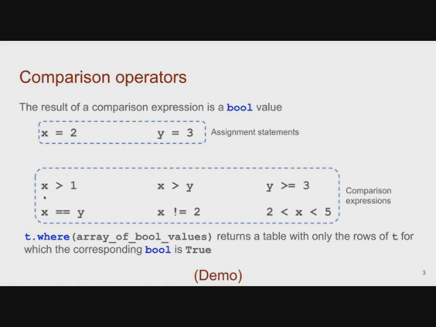And if that is bigger than 1, this whole expression will evaluate to true. If x actually has the value of 0, this whole thing will evaluate to false. And this whole expression is known as a Boolean expression, and it actually has a type bool.